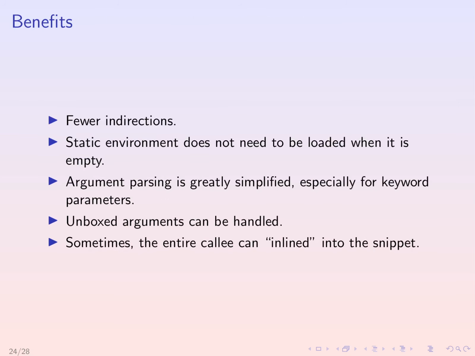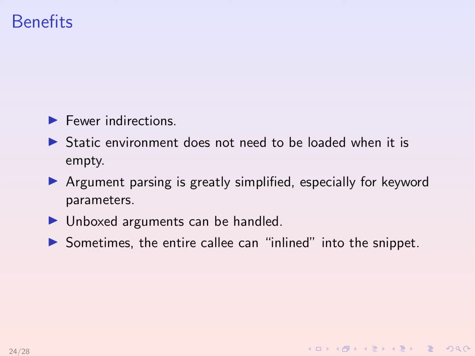So the callee can take advantage of all this information to lower the cost of the function call in several different ways. First of all, fewer indirections are involved. In fact, the call can be directly to the body of the callee without any indirection through a symbol or a function cell.